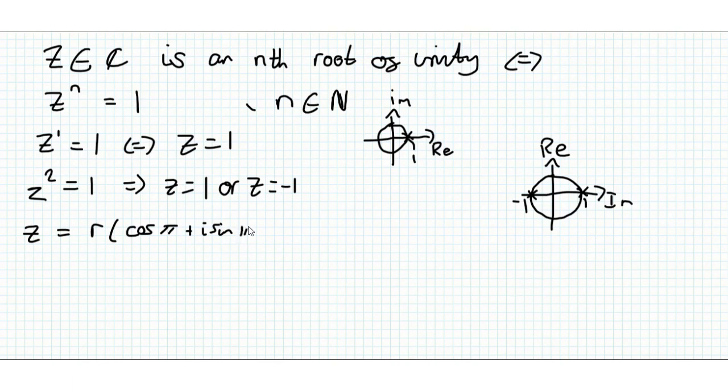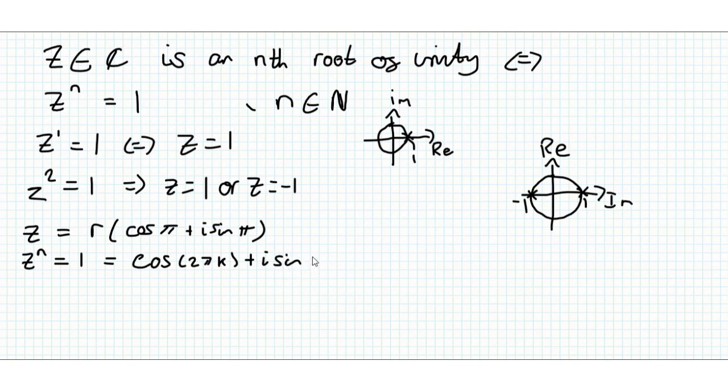And if we have z to the n is equal to 1, well, we know 1 is equal to cos of 2 pi k plus i sine 2 pi k.